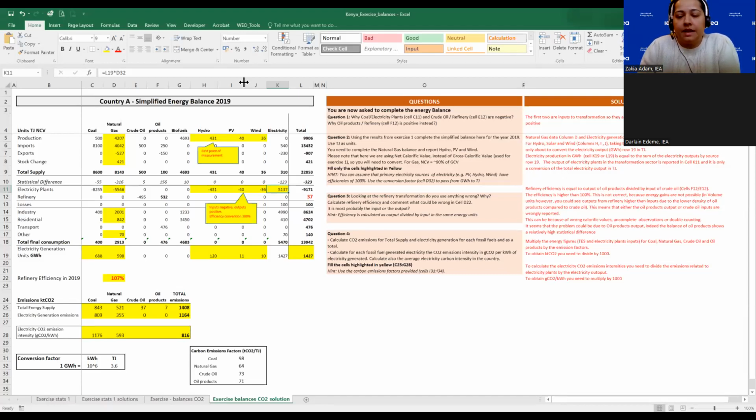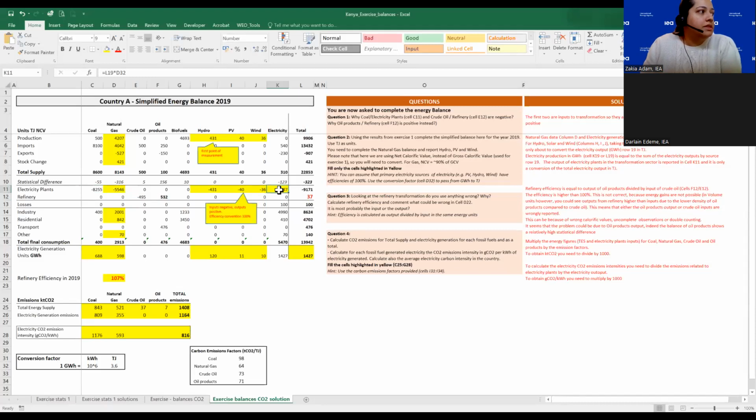In the energy balance, inputs have a negative sign and outputs have a positive sign. So here for coal that is used in electricity plants, this is an input, so you put a negative sign. Crude oil that is used in refinery to produce oil products has a negative sign, and your oil product, which is the output, has a positive sign.